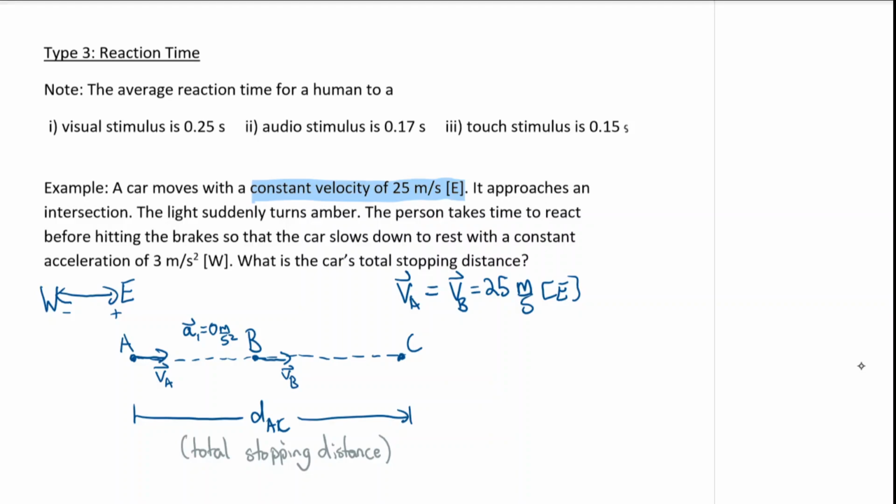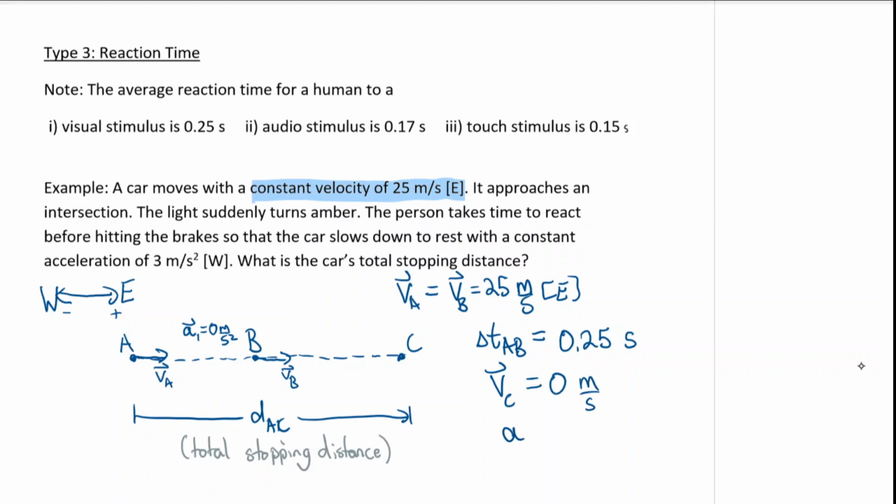And the light suddenly turns amber, so we had to react. This is our reaction time. My time from A to B, if the person just immediately reacts, is going to be 0.25 seconds. And then the person reacts and slows down to rest. So my final velocity VC is going to be completely at rest at that point.